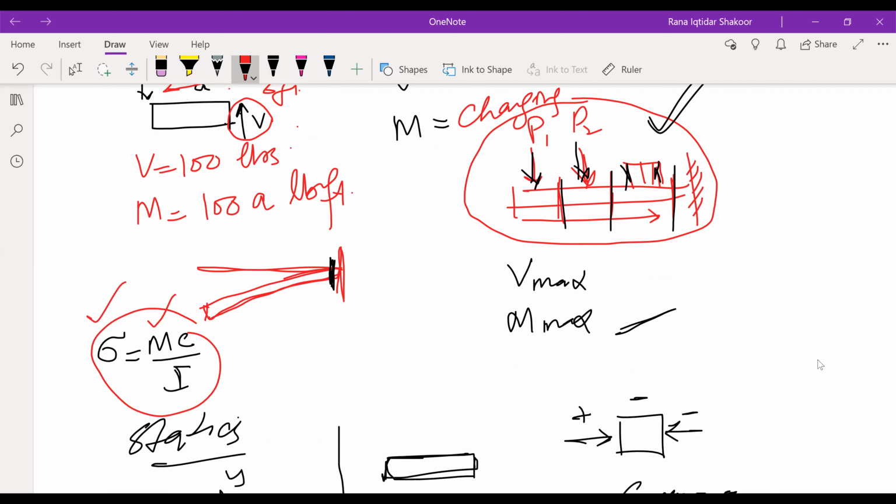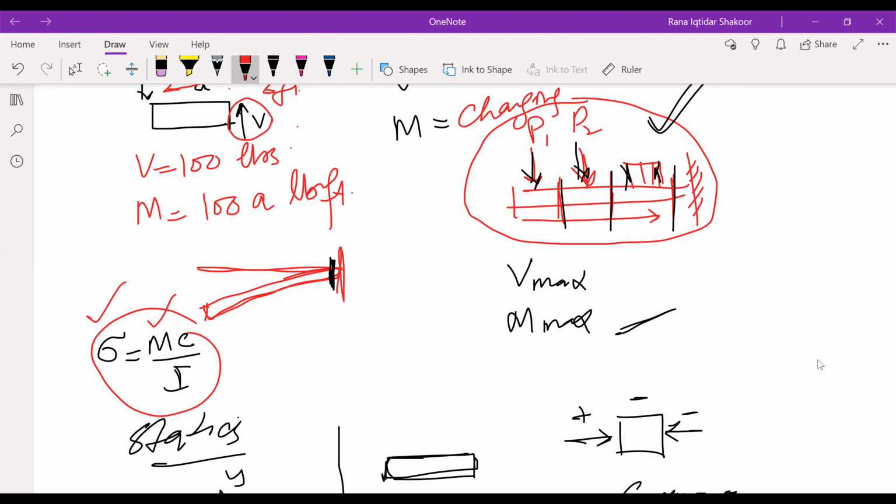So the main purpose of the whole shearing force and bending moment diagram is that it tells us where on the whole beam V is maximum and where M is maximum, and where we have to pay attention. These are the points that give us the magnitude of V as well as the moments.